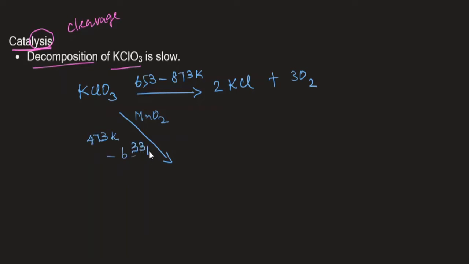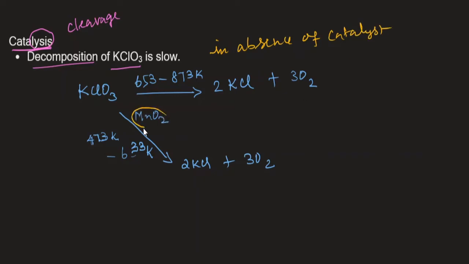633 Kelvin. So we get the same product: 2 KCl plus 3 O2. This is in absence of catalyst, whereas this is in presence of catalyst.